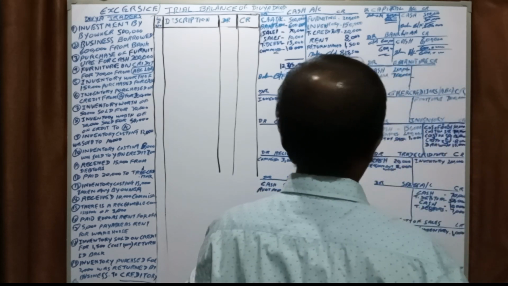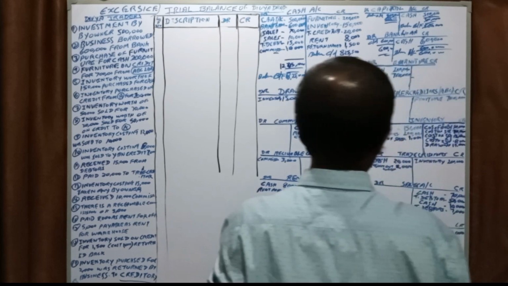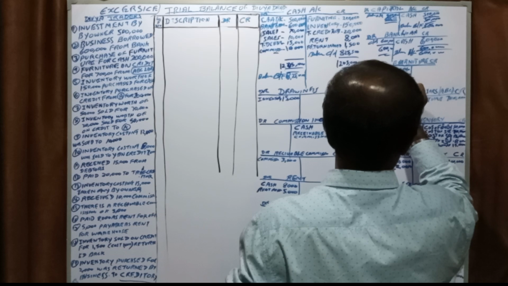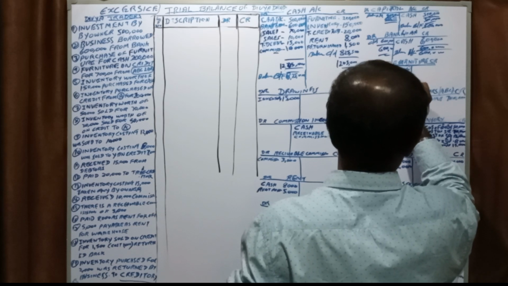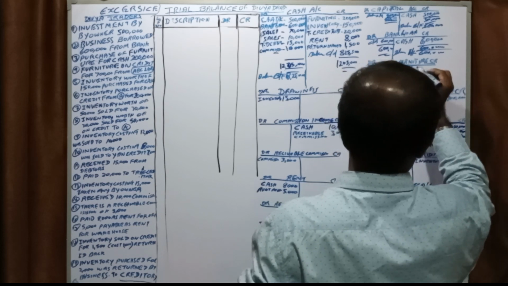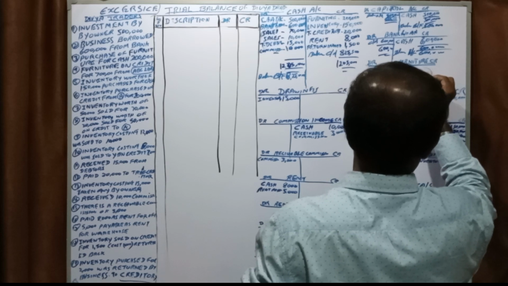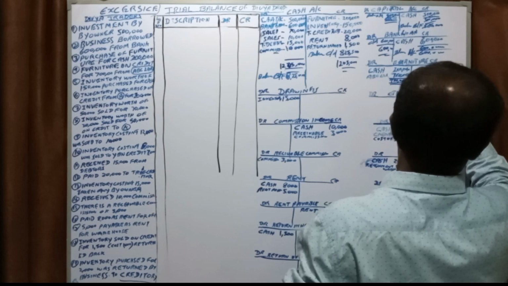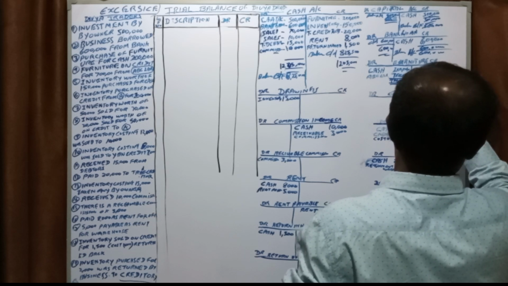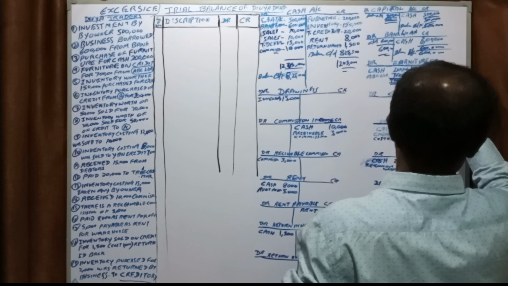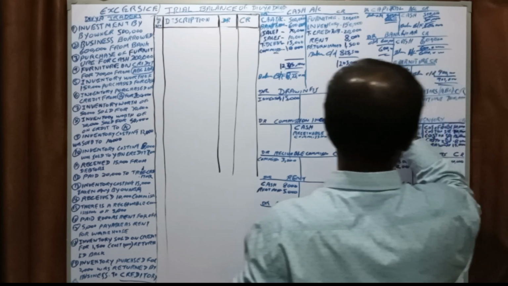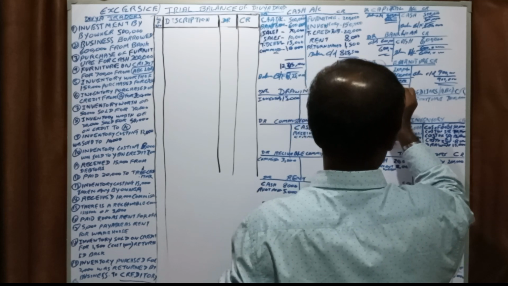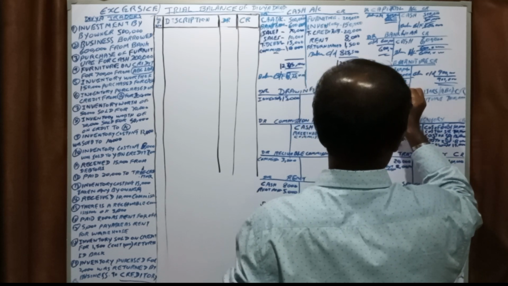Right, here furniture account, balance it, 900,000. Balance carried down 900,000. Here also 900,000. Balanced it, and balance brought forward 900,000.